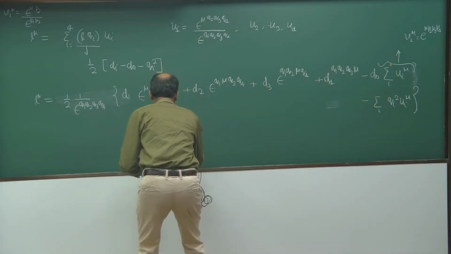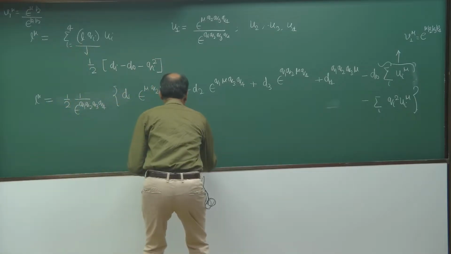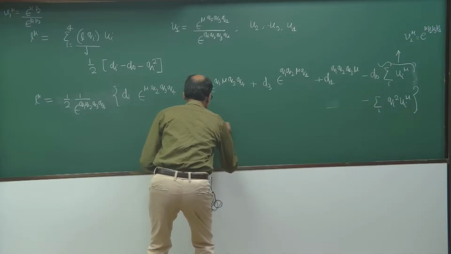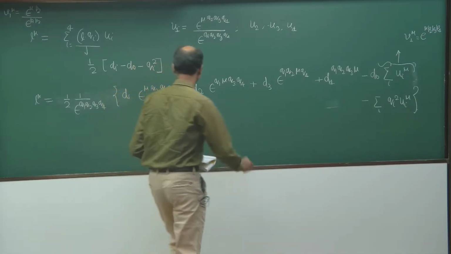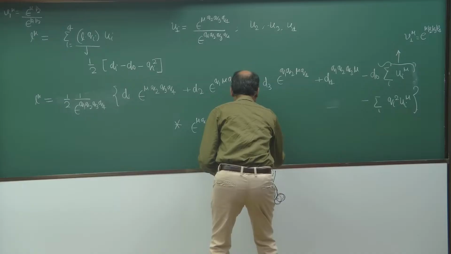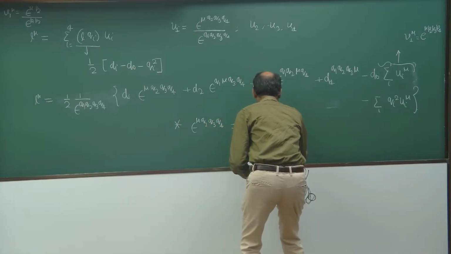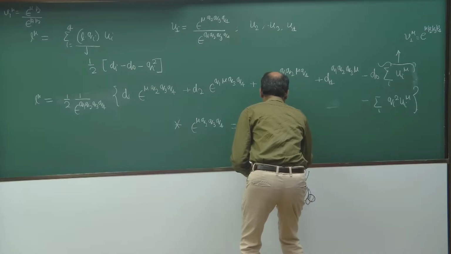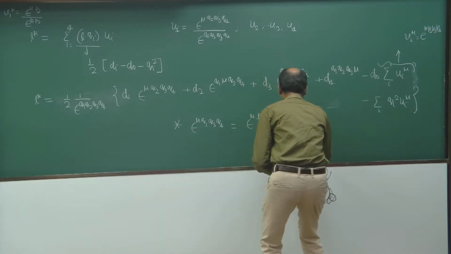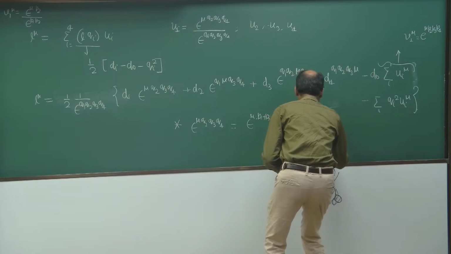Second, let us look at actually this term, just this one, epsilon mu q2, q3, q4. Let us write them explicitly. Epsilon mu q2 is p1 plus p2, q3 is p1 plus p2 plus p3, and q4 is p1 plus p2 plus p3 plus p4.